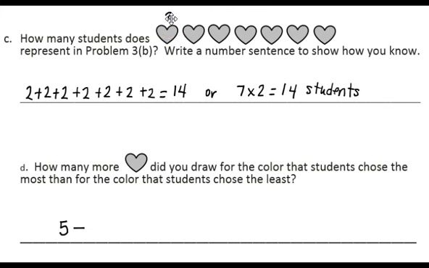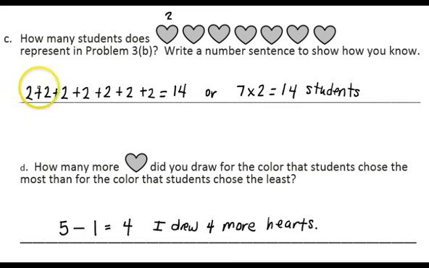And then there were 2 students who chose yellow or orange, and we drew 1 heart to represent the 2 students. So that means we drew 4 more hearts for the blue than we did for the orange or for the yellow. So I'll say I drew 4 more hearts to show how many more I drew for the blue than I did for the yellow or the orange.